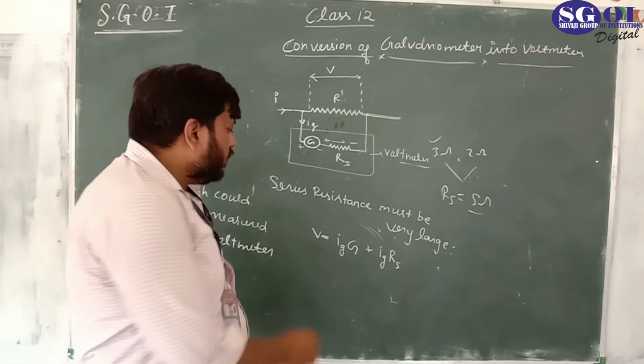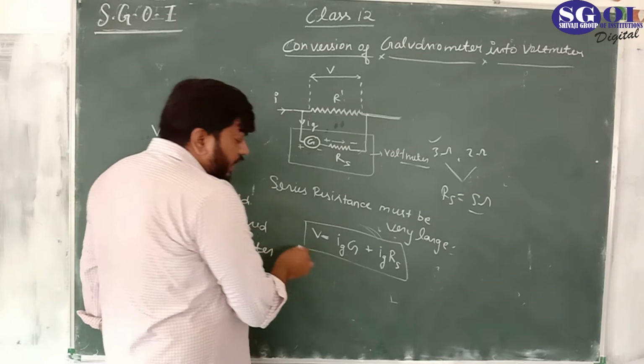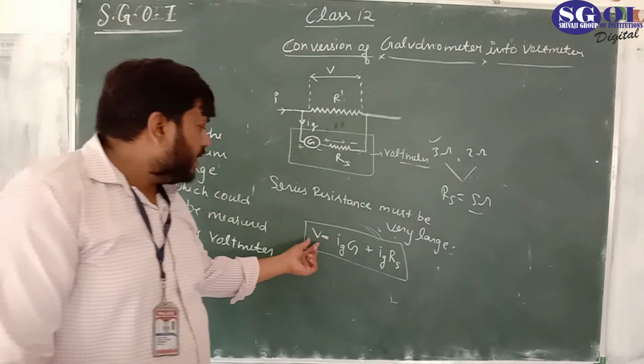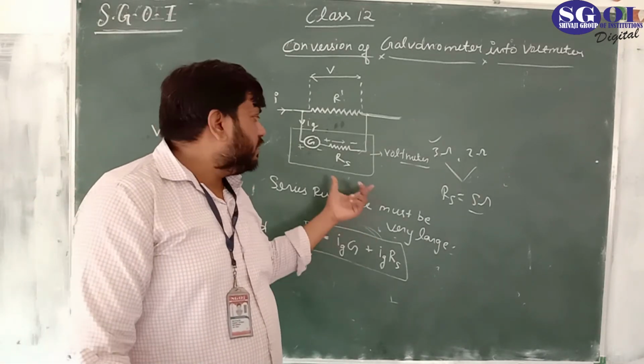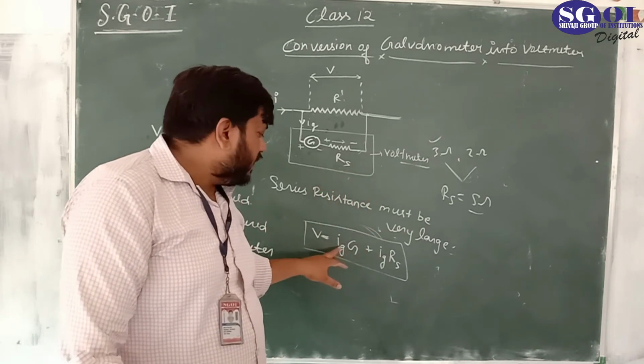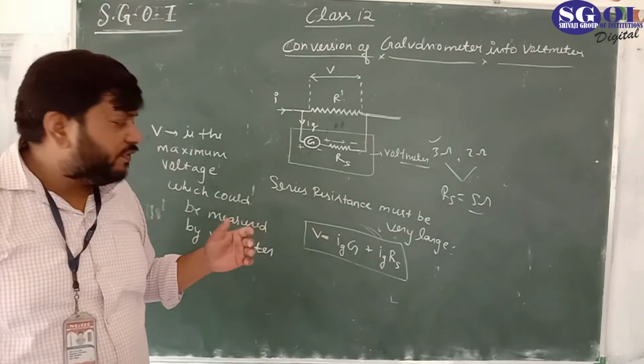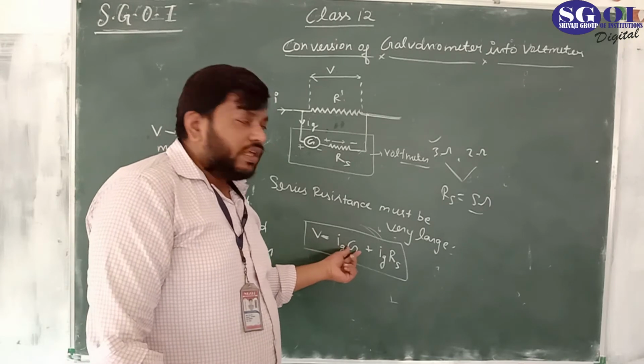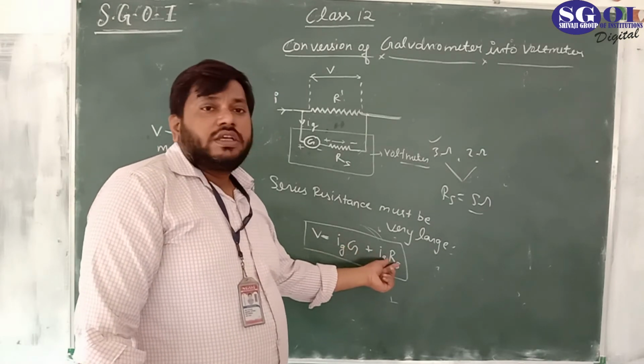So from this particular equation, you could decide the maximum voltage which could be measured by this voltmeter if you are given the maximum or full scale deflection current of the galvanometer Ig, the resistance of the galvanometer, and the series resistance.